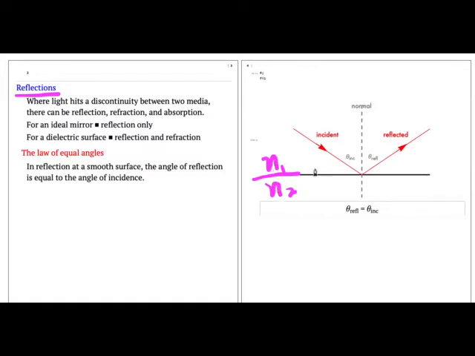And several things can happen. It can reflect, or it can pass into the other medium.